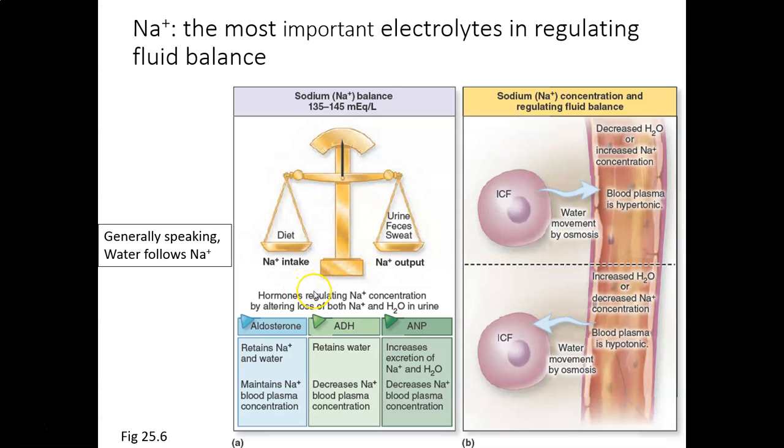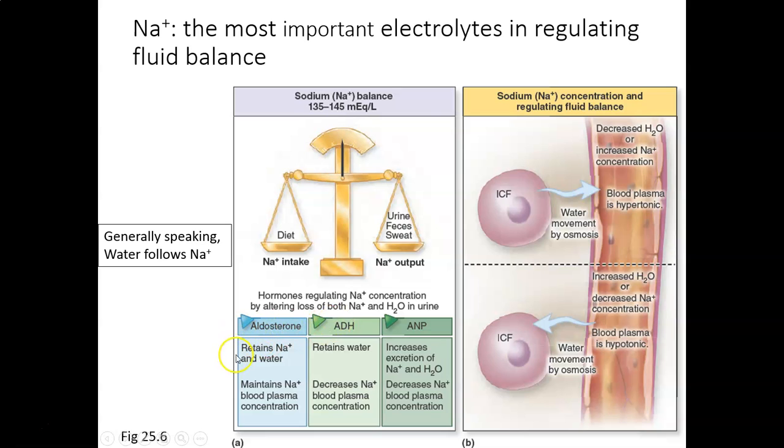How much sodium we actually reabsorb from the filtrate is under the control of 3 hormones: aldosterone, ADH, and ANP. Does that ring a bell? That is 3 of the 4 hormones that we talked about at the end of the last lecture that are involved in regulation of urine output. Let's look briefly at how each one of them regulates sodium balance, or reabsorption.